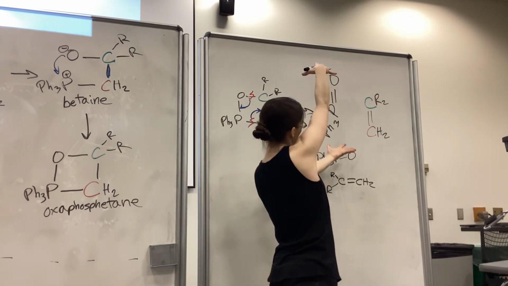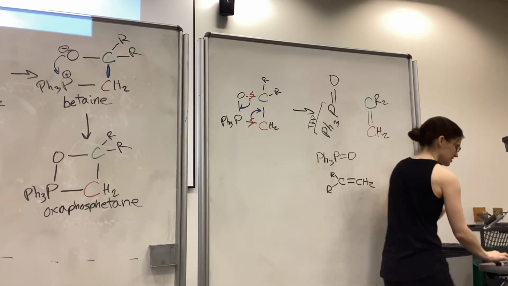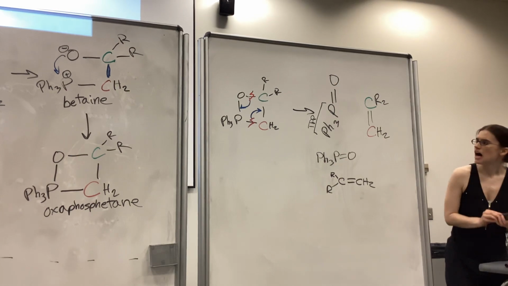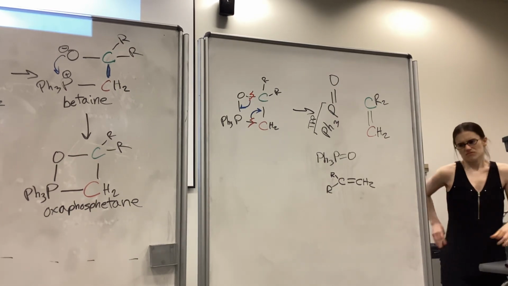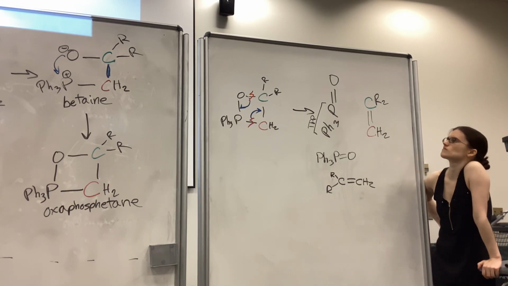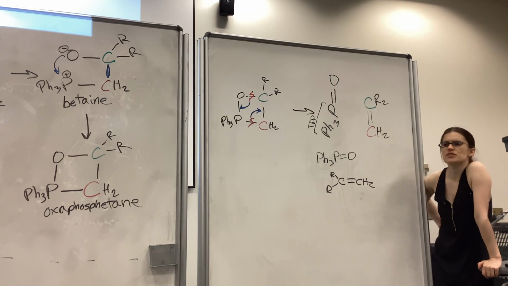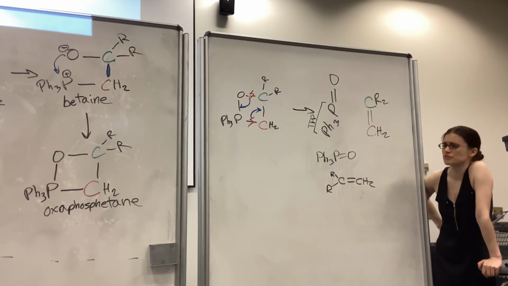Is TPP useful? Triphenylphosphine is, yeah, it's pretty useful. I don't want to say it's exactly a really good leaving group because I'm not sure that has some sort of implication that I haven't fully thought through.